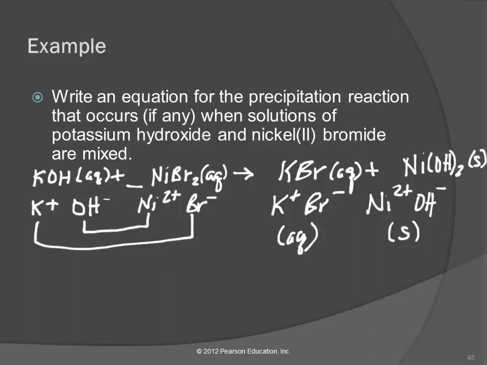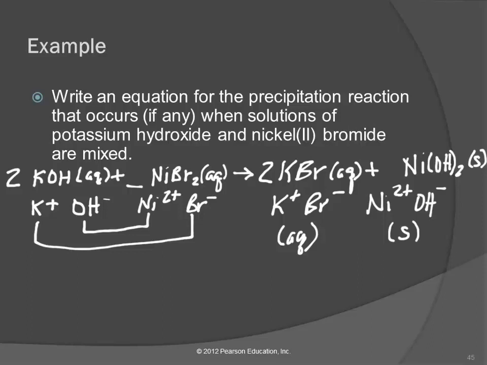So to balance the hydroxides, I need to put a 2 in front of KOH. I had already looked at potassium, and now I changed the potassium, so I need to fix that. I've got 2 potassiums on the left side, so I need to put a 2 over here so that I can have 2 potassiums on the right side. See what I'm doing there?